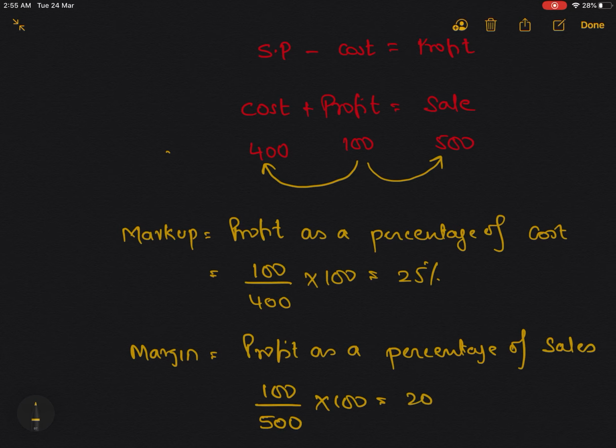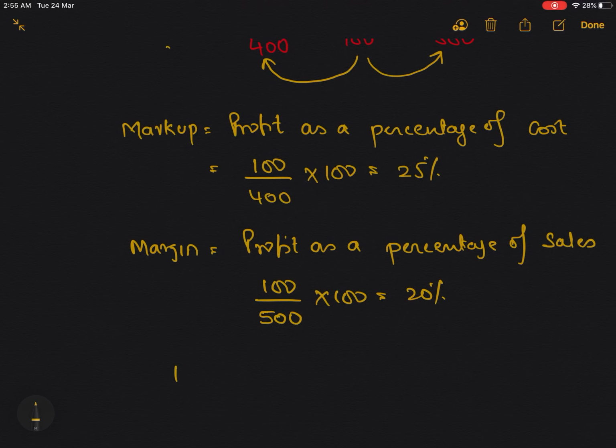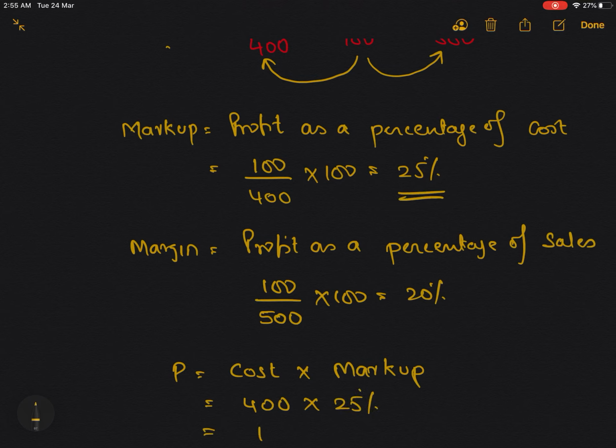That comes to 20%. So the profit can also be written as cost multiplied by markup. The cost in the given case was 400. Markup we calculated to be 25%. And profit is 100.